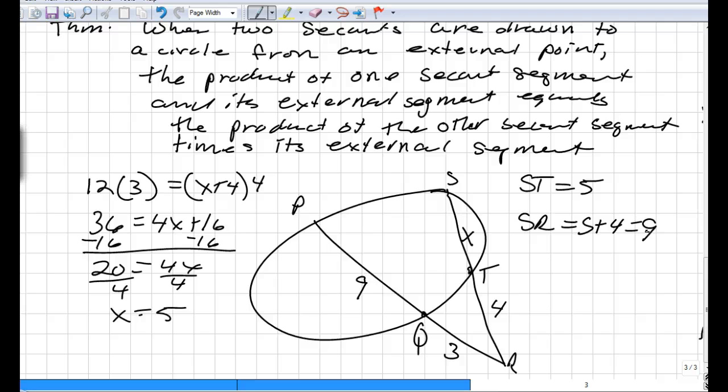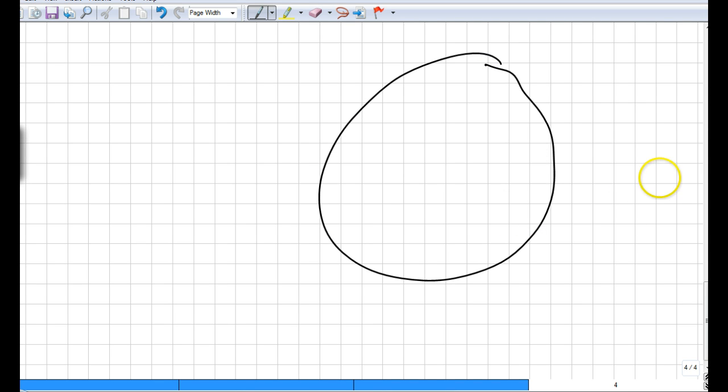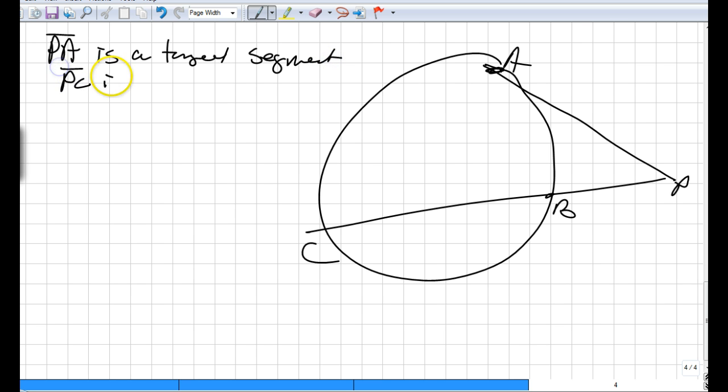All right, and then the final theorem. In this one, we have a circle, and we have a secant segment, which is PC, and we'll call this point B. And then we have a tangent. So A is a point of tangency. So PA is a tangent segment. And PC is a secant segment.